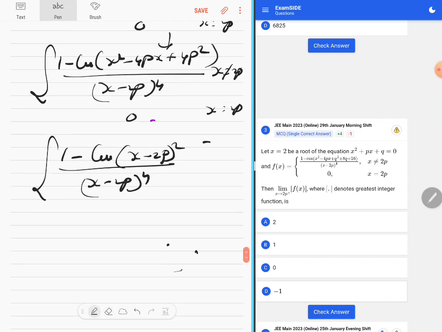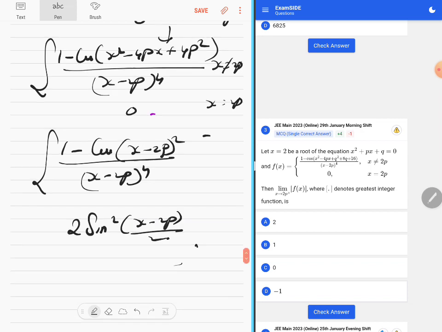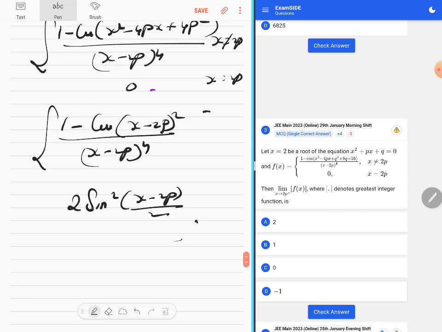So it's 1 minus cos of theta, which is 2 sine square theta by 2, where the angle itself is x minus 2p the whole square. So 1 minus cos theta is 2 sine square theta by 2.